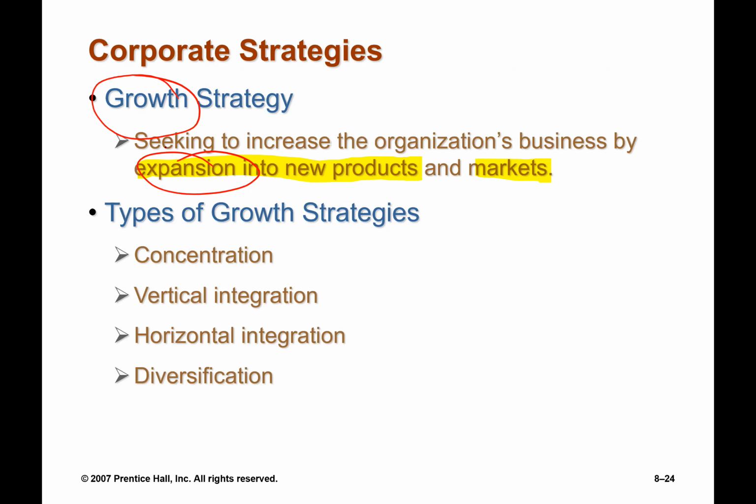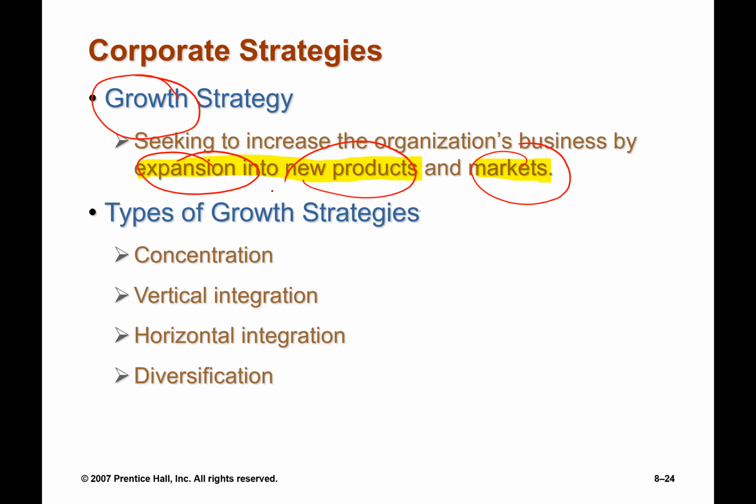If they want to do that, the approach is basically to grow: to come out with a new product, or open up the market so that you can get a bigger share of the market. That's what we call a growth strategy.